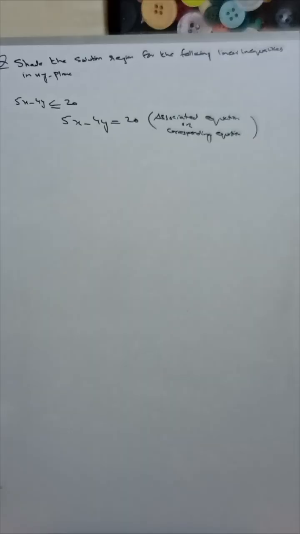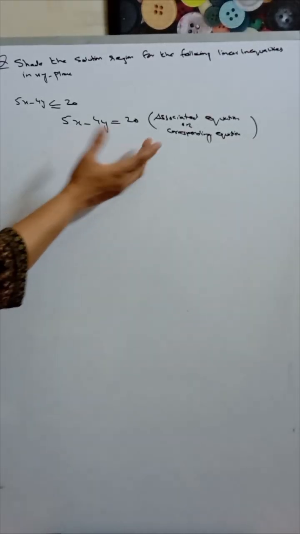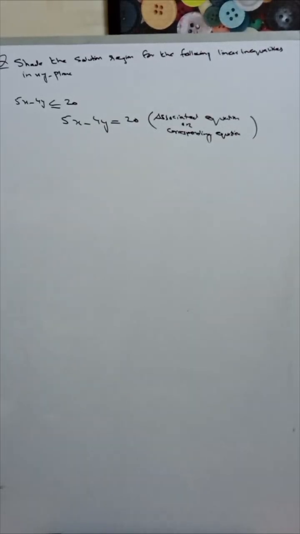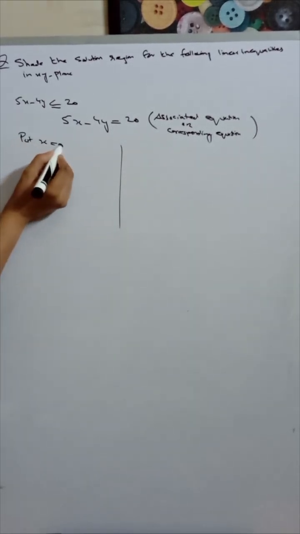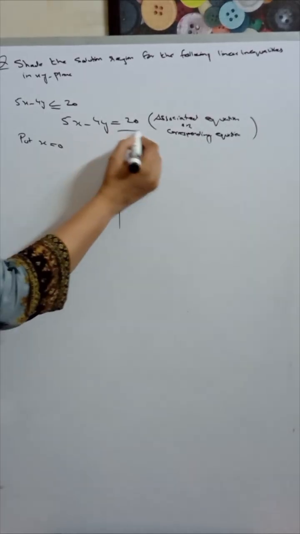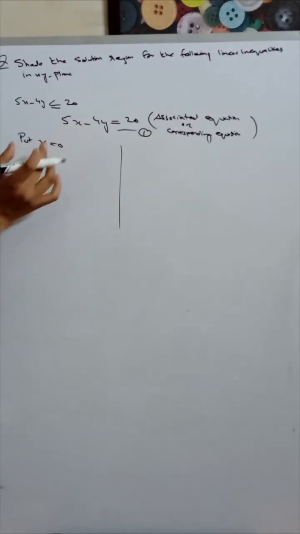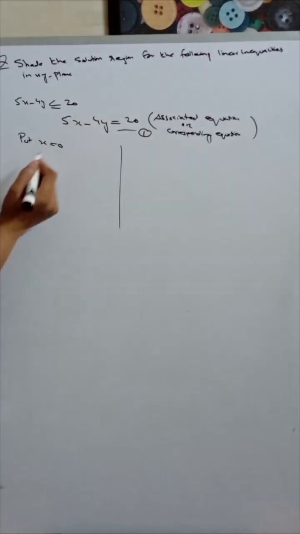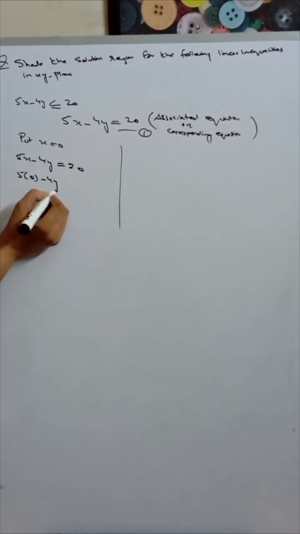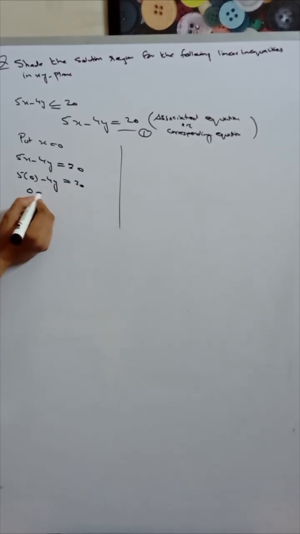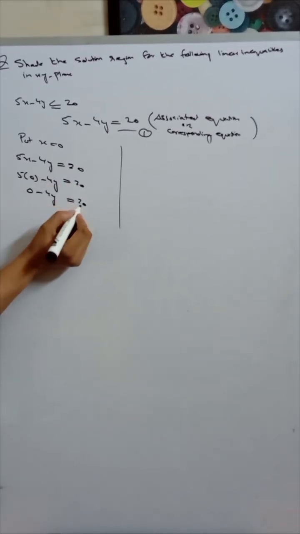Now, first we have to represent this on the xy plane. For that purpose, we need ordered pairs. So, what is it? Put x equal to 0 in the given equation. This is called equation number 1. Alright, put x equal to 0 in equation number 1. 5x minus 4y equals 20. 5 into 0 minus 4y equals 20. 0 minus 4y equals 20.